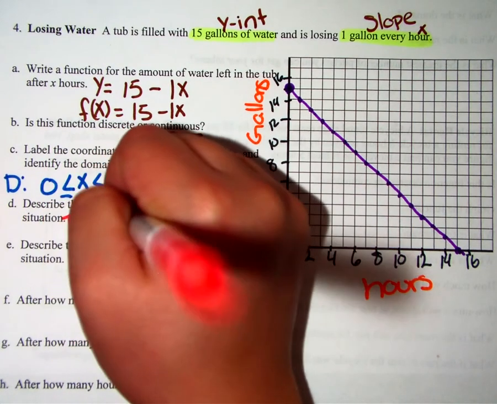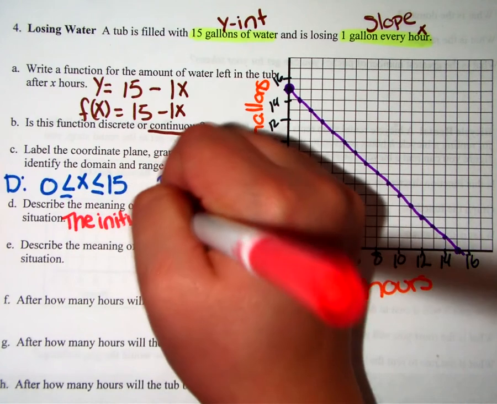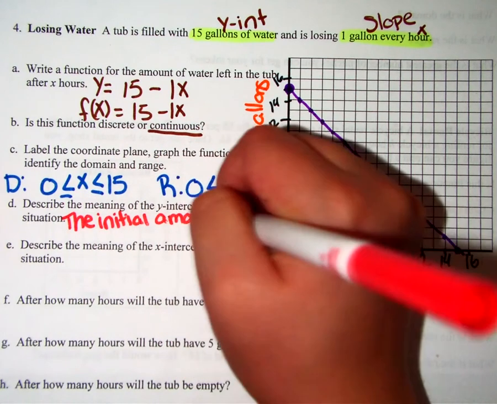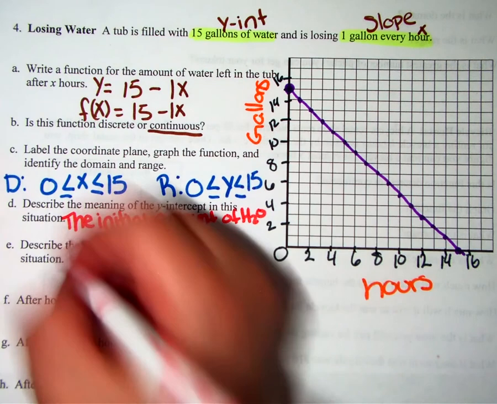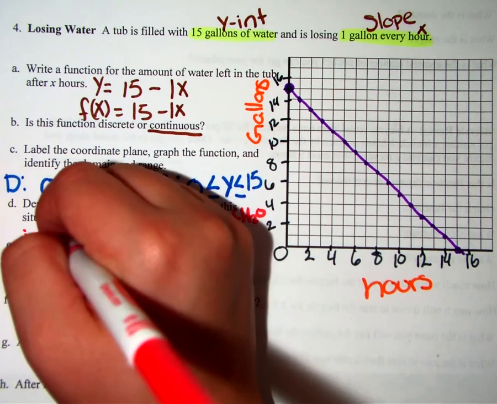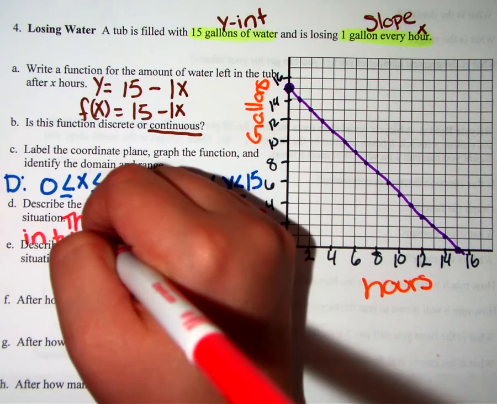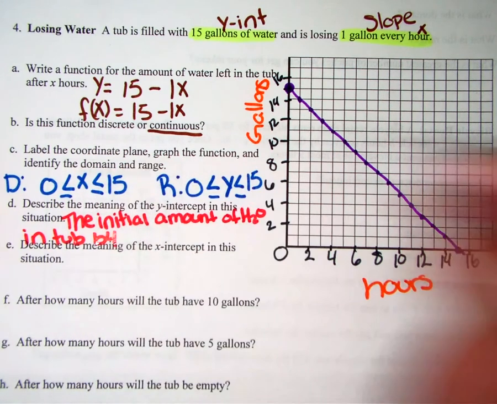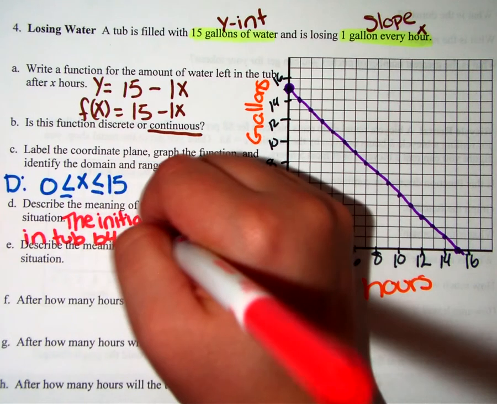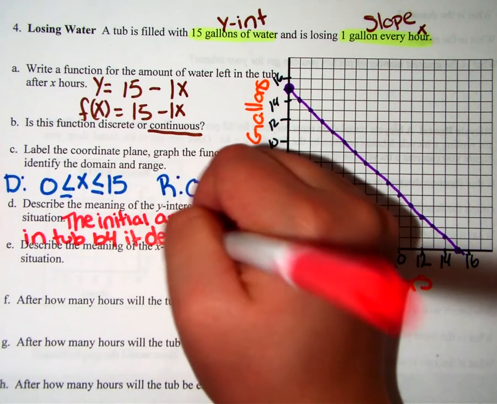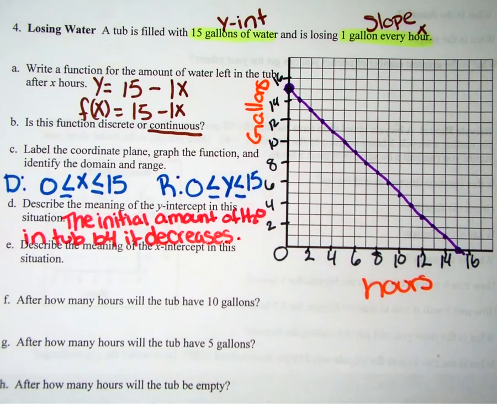The initial amount of H2O, water, in the tub before it decreases. Or before we start losing it, however you want to say it. Okay?